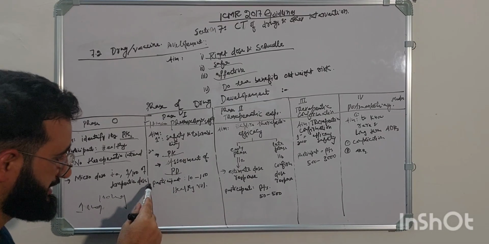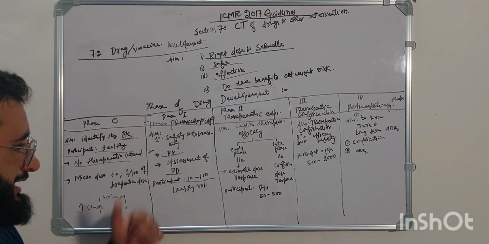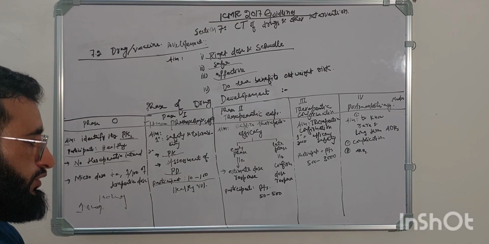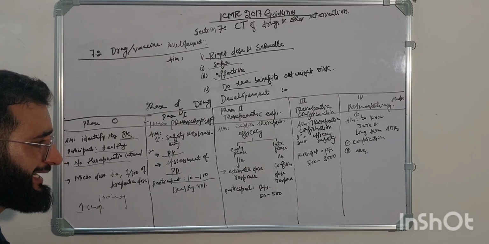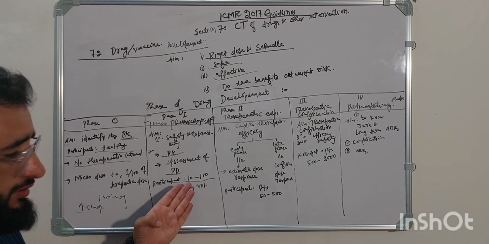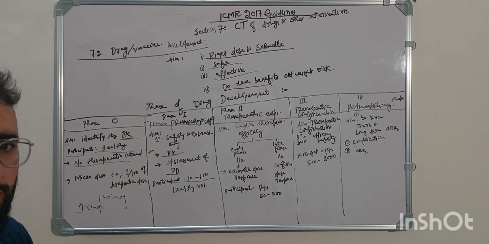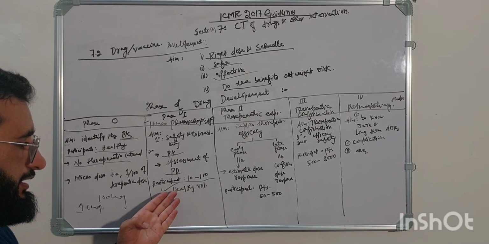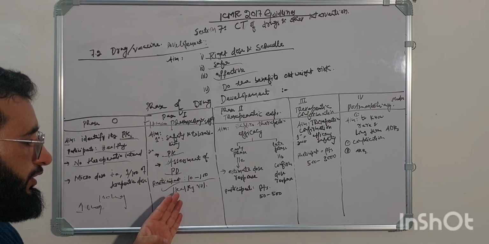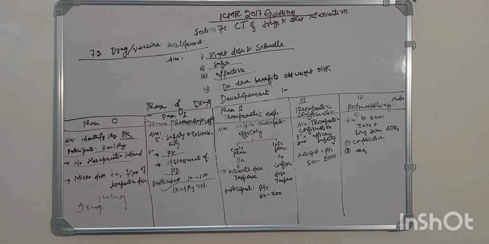ICMR is not discussing the participant numbers; I have taken this from the Goodman and Gilman pharmacology book. They have given that this phase is carried out on healthy voluntary participants.